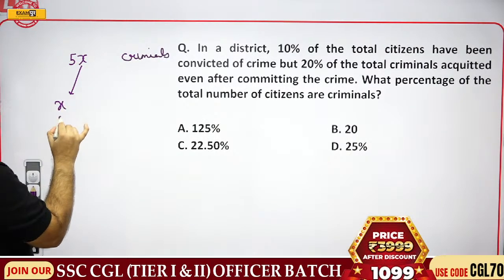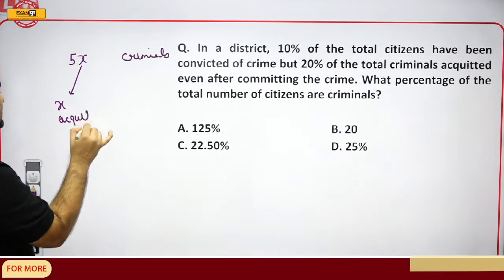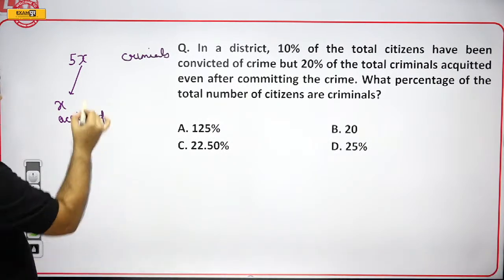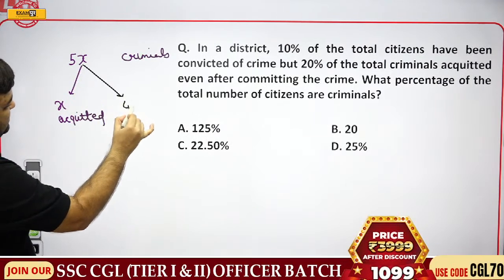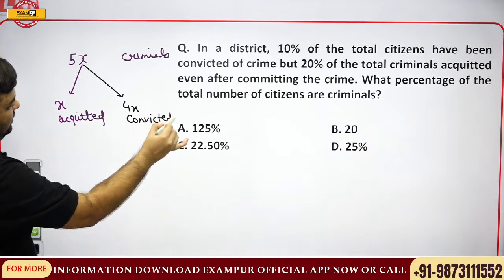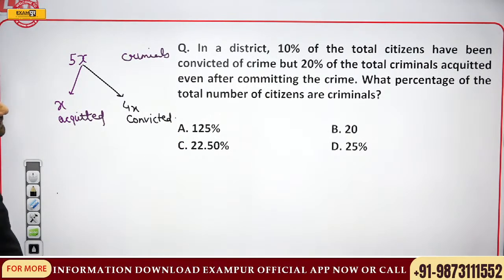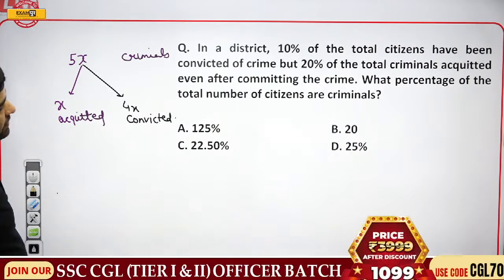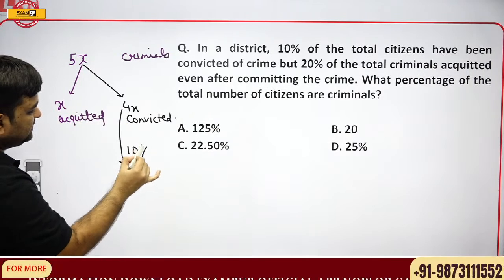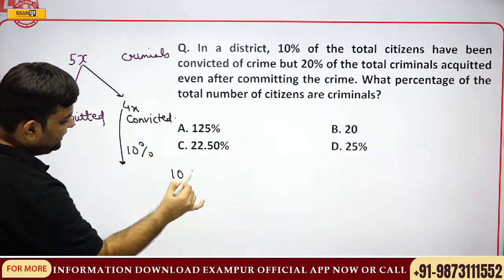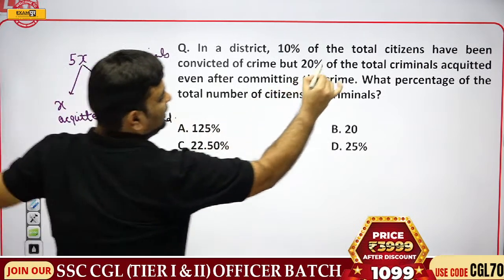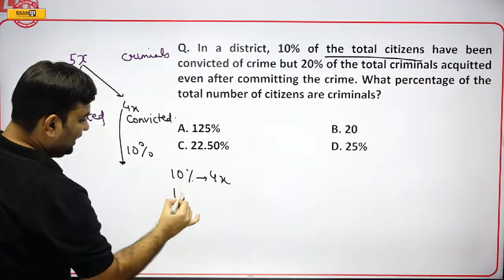X are acquitted, so 4X are convicted. And these 4X are equal to 10% of the total. So the total is 40X.